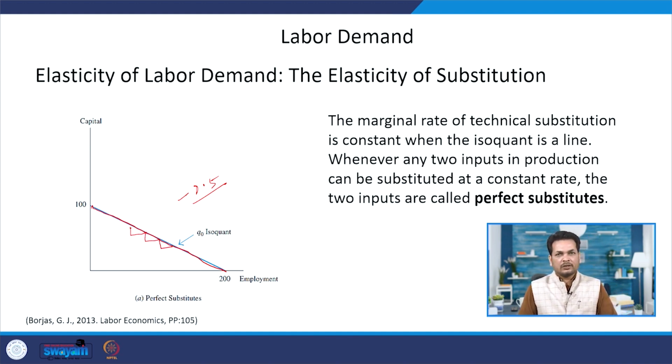So the slope is constant, which means that these two inputs in production can be substituted at a constant rate. So 2 units of labor can be substituted by 1 unit of capital, and that substitution is fixed over the process of production to produce Q0 level of output. So these two inputs are called perfect substitutes for each other.